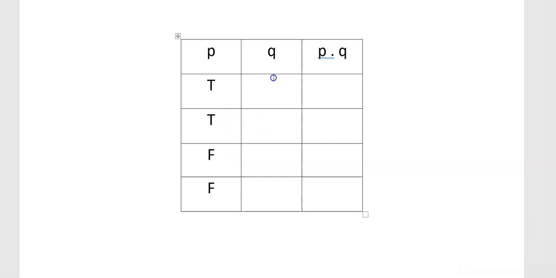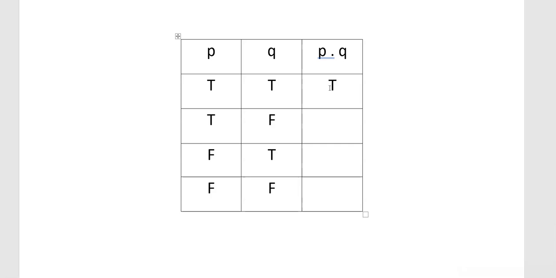Then half of this will be here, 1T, 1F, 1T, 1F. And you have also learned the rule for how to calculate the value of a conjunction. So P dot Q is true only in one condition, where P and Q both are true.